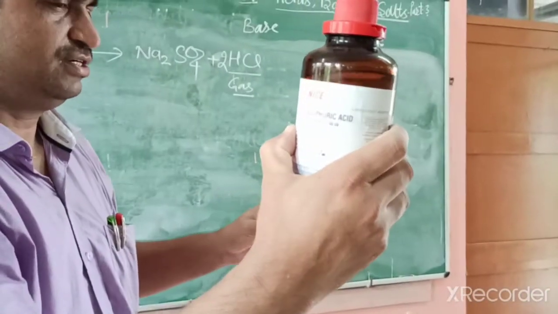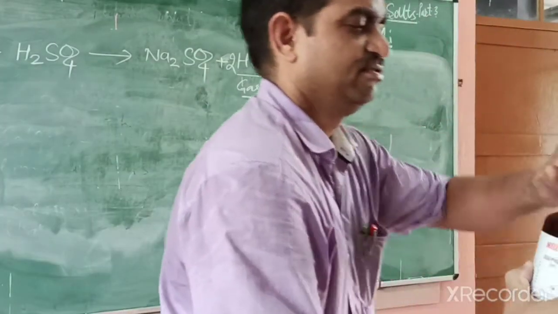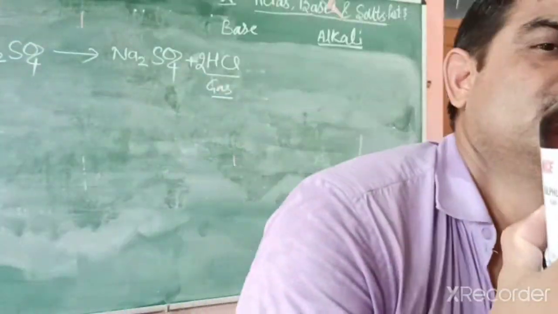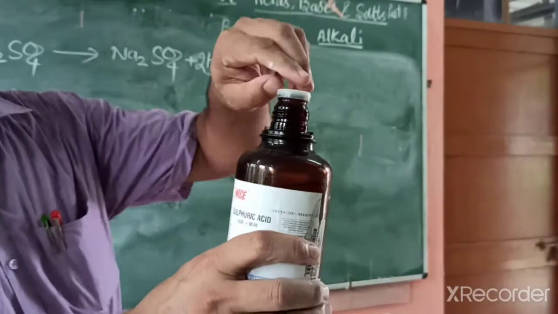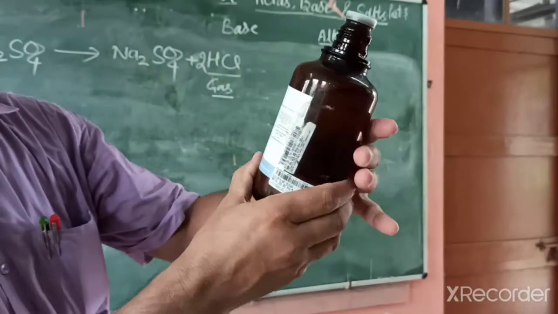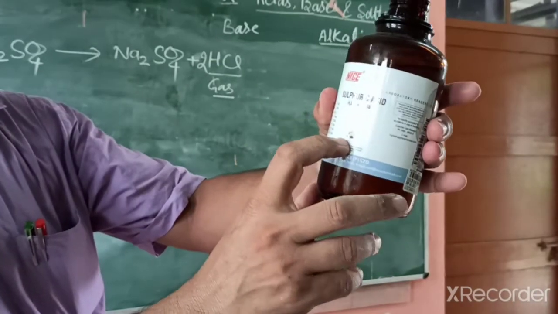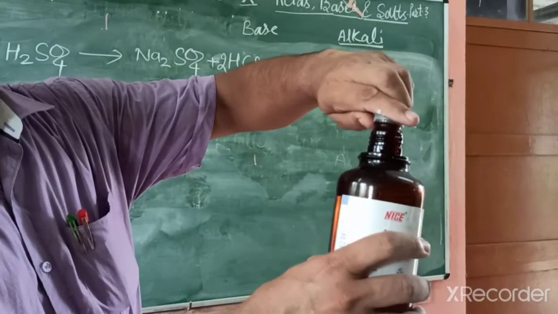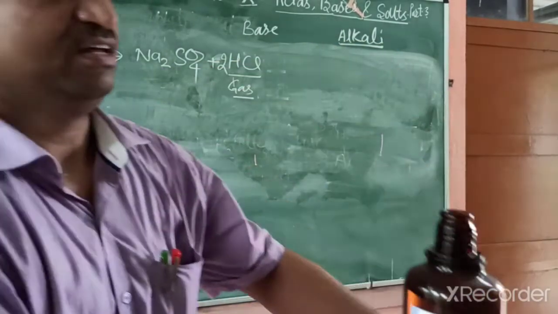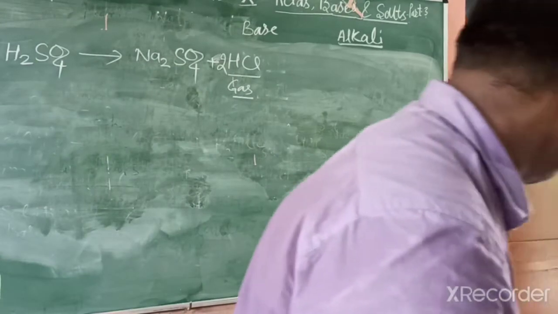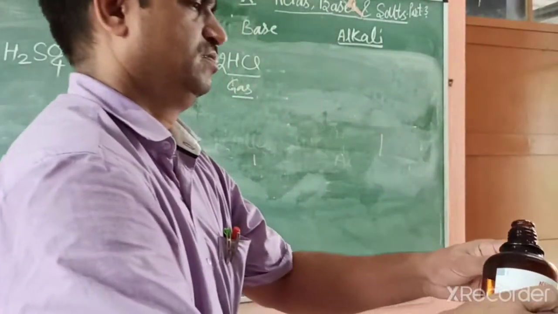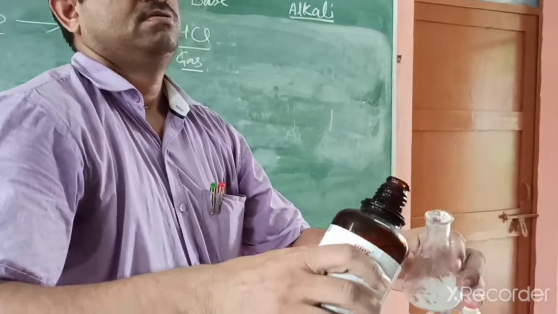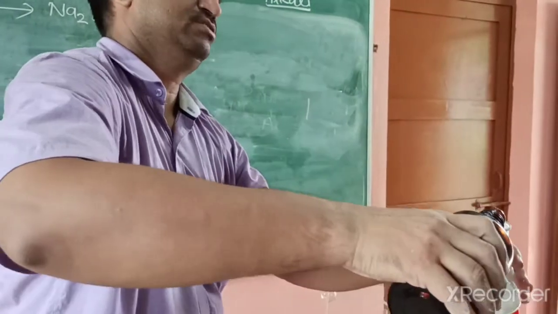This is concentrated sulfuric acid, and we must be very careful handling it because it is highly corrosive. There is a symbol showing its corrosive nature, so it is dangerous. It is the king of chemicals. I put this sulfuric acid in.